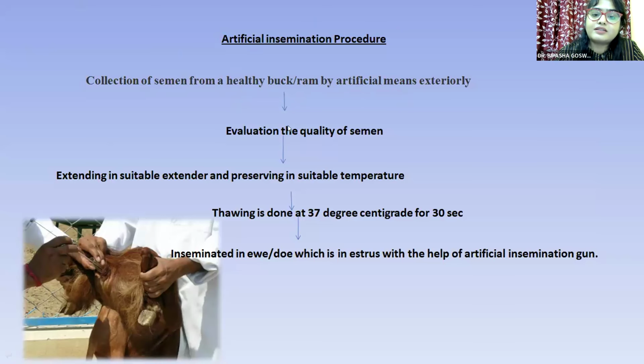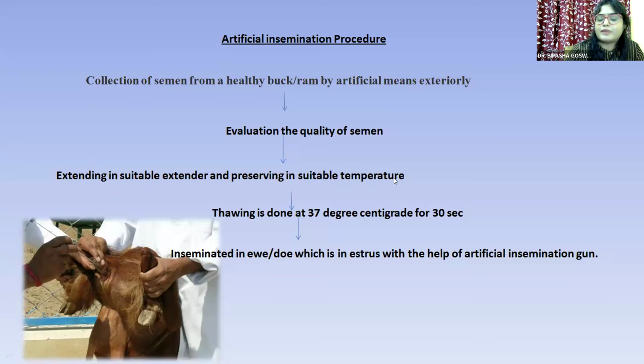Then we evaluate the quality of the semen. Quality means the color and the density, and under the microscope we can see the motility, etc. Then we do the extension. We use extenders like skim milk powder, Tris, and egg yolk to extend the semen and preserve it at a suitable temperature.